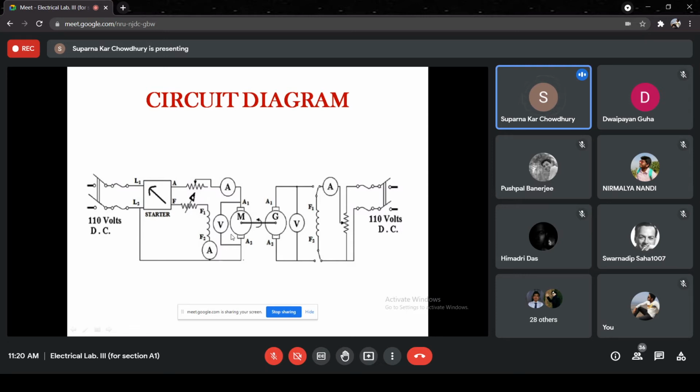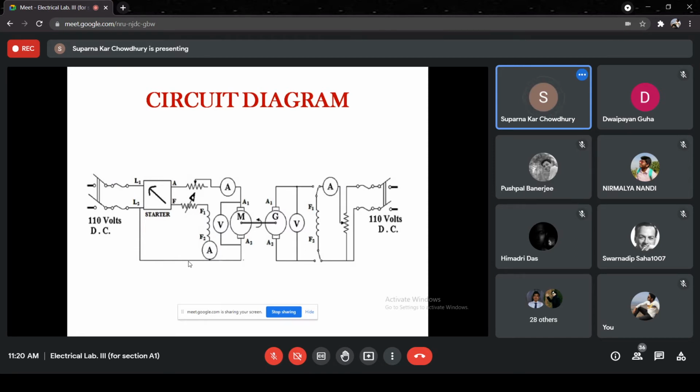Now, amongst these losses, we have seen that the brush contact loss is very small, so we are not considering it separately. So the losses we have are the losses in the field, the core loss, the different friction losses, and I square loss. Now, this I square loss depends on current.